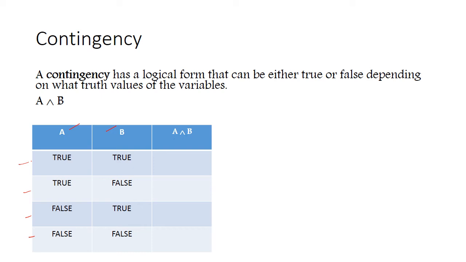This is conjunction. So when both are true we get a true, and otherwise we get a false. So you see that in this logical expression we have a true truth value, and we have false also. So it's a mixture of true and false, then it becomes a contingency.